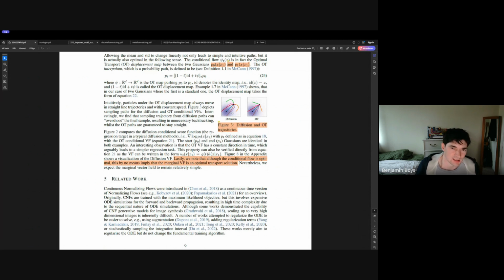That's a problem that is not simulation free, although I believe there are some papers that explore how to learn these optimal trajectories, but they always seem to require solving an ODE in order to evaluate the loss, and then doing that iteratively in an algorithm related to expectation maximization or the Sinkhorn algorithm, and that is just hugely expensive and it doesn't scale.